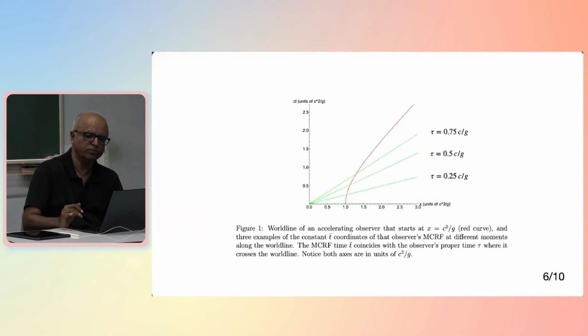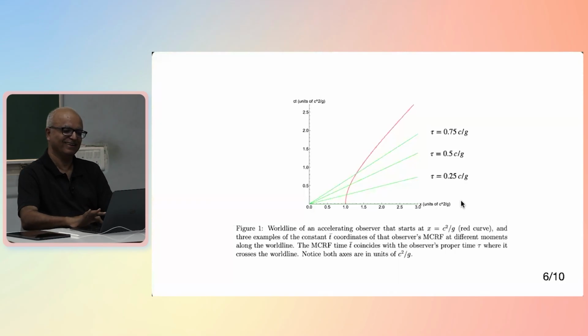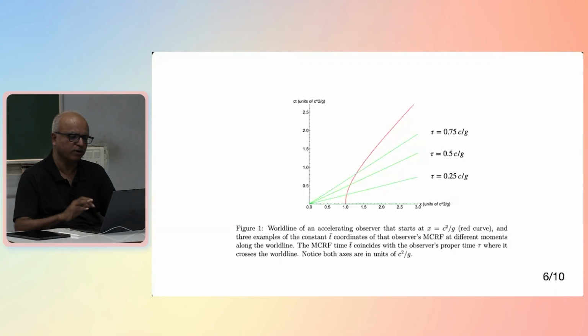Okay, so I hope this diagram is clear. What is happening in this diagram? ct, that is t, is on the vertical axis, x on the horizontal axis in units of c square by g. C square by g has units of length. So I am plotting on the x axis lengths in units of c square by g.